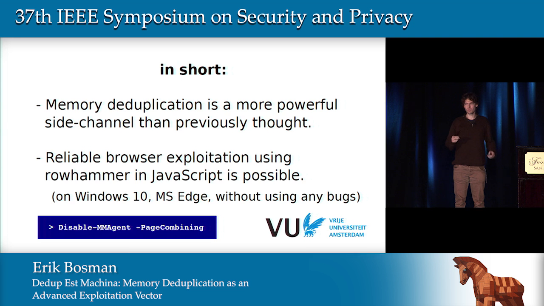The description is in the paper, but the gist is that in Edge, you can have pointers and double values in the same location, in the same type. So we put a double value there, and that we can completely read. So we do Rowhammer, and then see if the double value changed, and then see which bit changed.